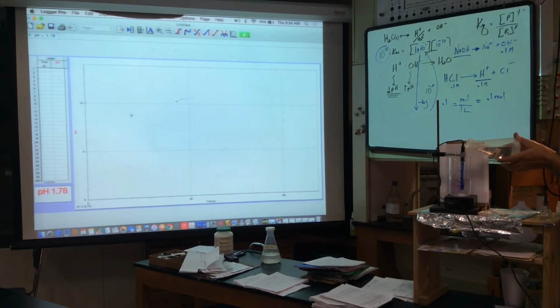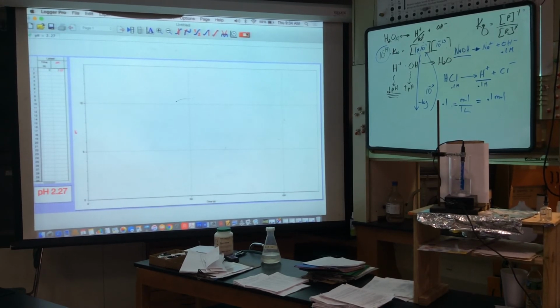Why is it disappearing? It's moving into the areas with a lot more H pluses. The phenolphthalein gives me an indication of where the hydroxides are. Hydroxides are in high concentration, but once they hit the H pluses that are higher in concentration, it's making water. So I added all this base, yet my pH barely changed.